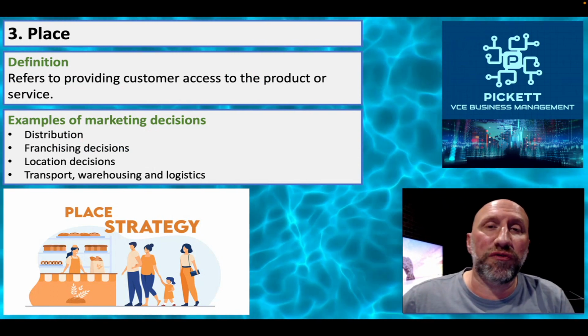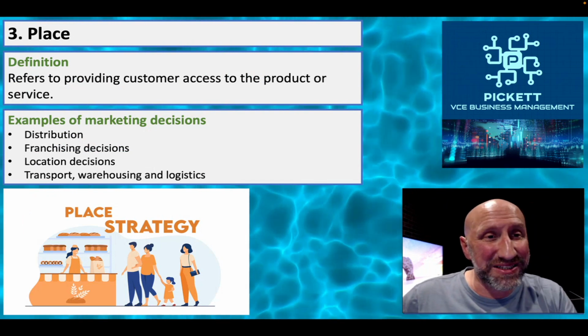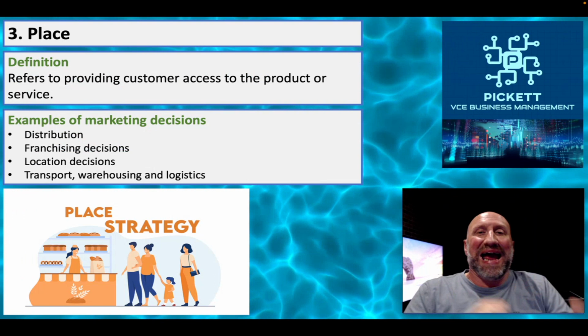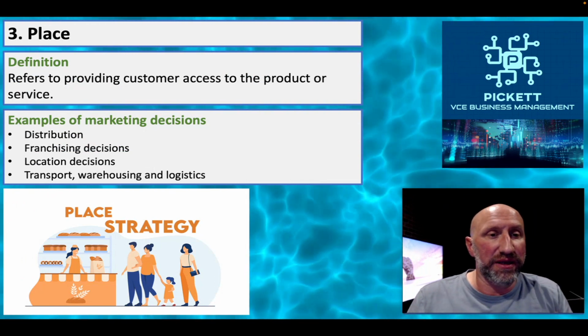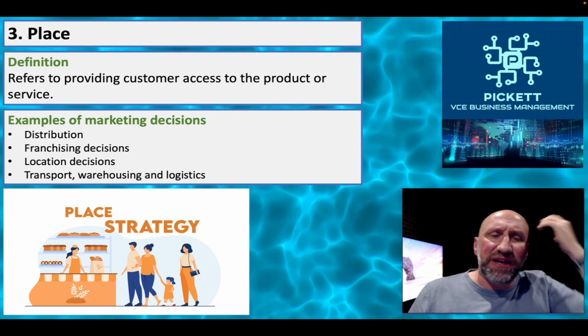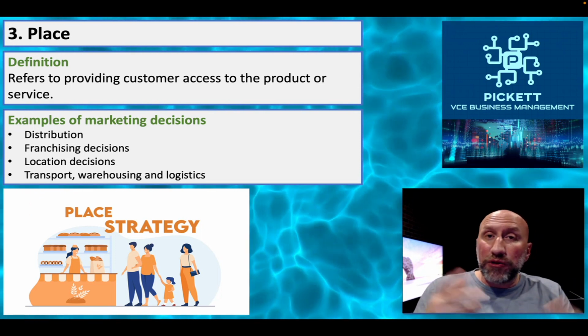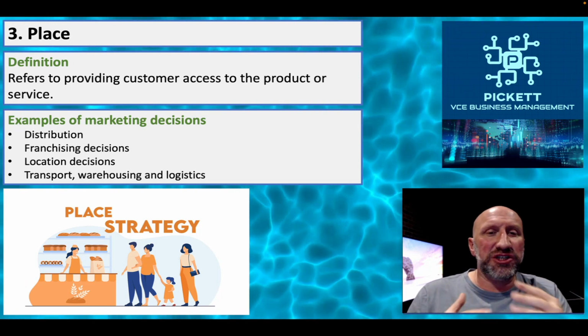Moving on to the third of our P's, place. So product, price, place. What we mean by place is how the customer accesses your product, your service. The decisions here are around distribution, franchising, maybe location decisions, and anything to do with transport, warehousing, logistics.